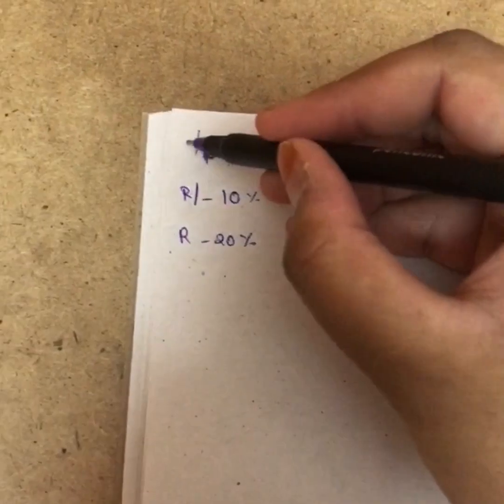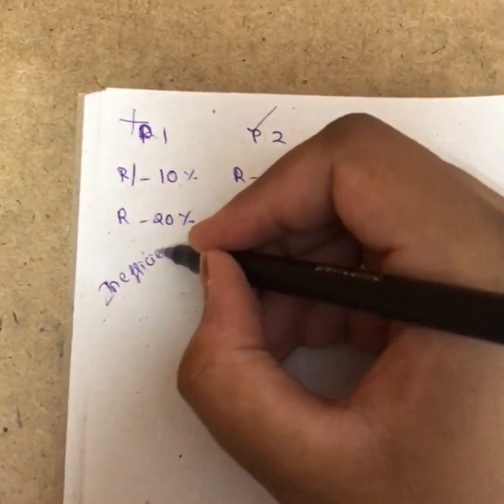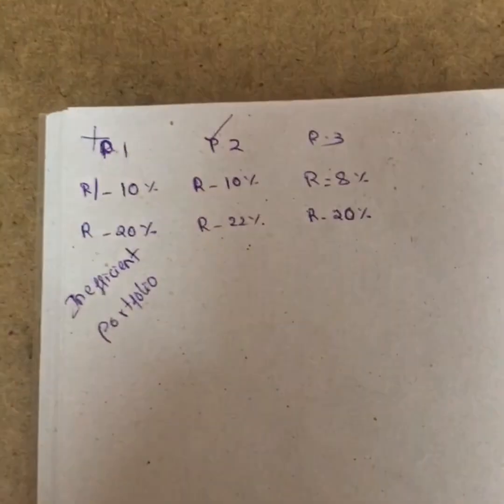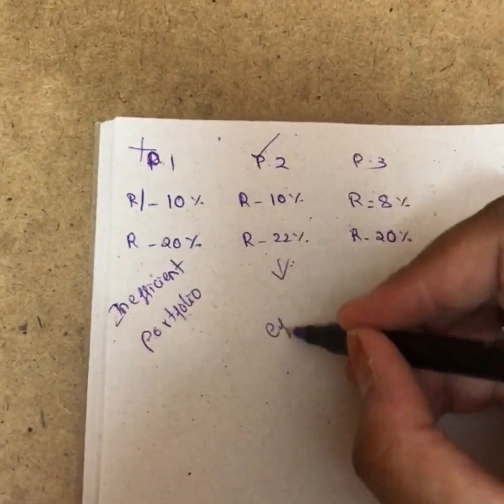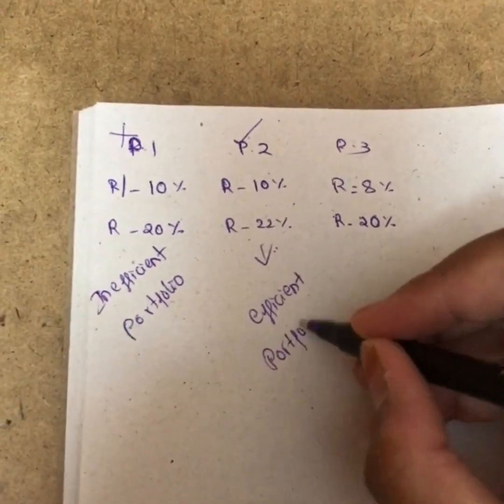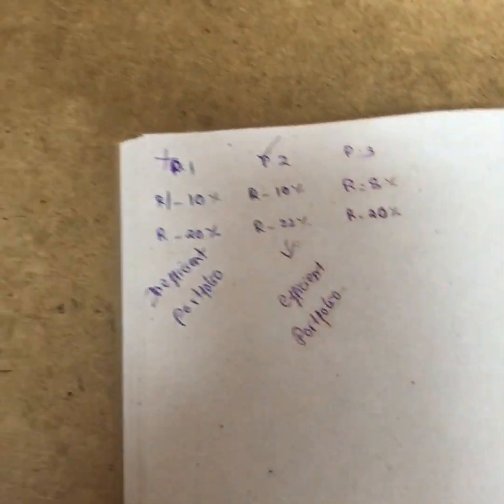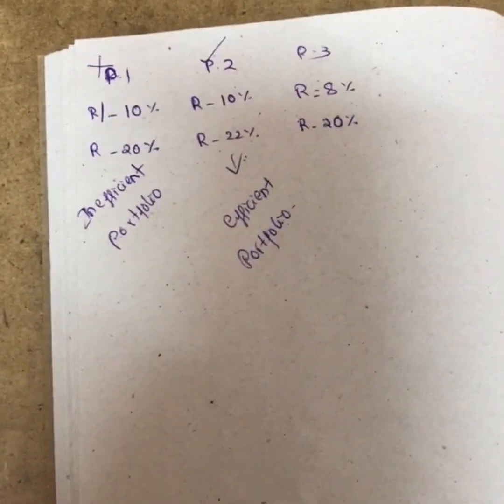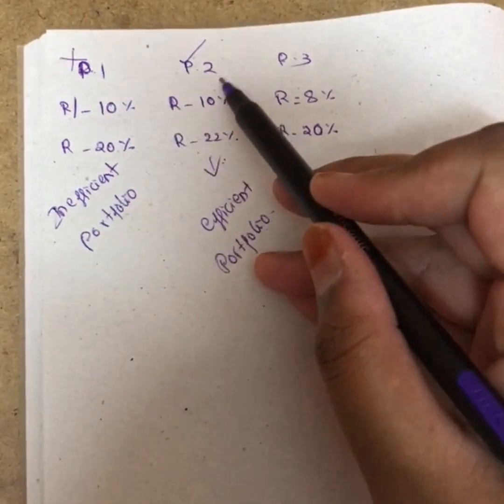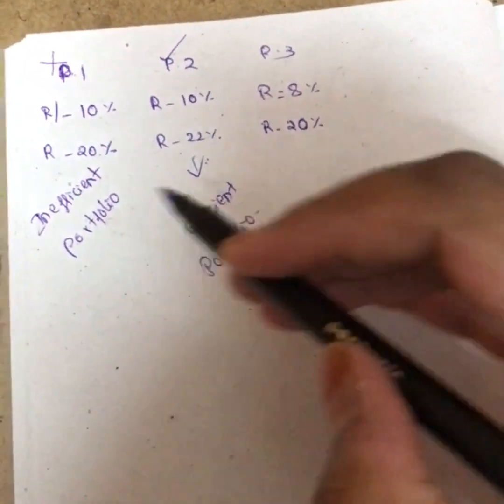So portfolio 1 we call an inefficient portfolio, and portfolio 2 we call an efficient portfolio. This is the meaning of inefficient and efficient portfolio. An inefficient portfolio is nothing but a portfolio which is dominated by another portfolio. Obviously this is dominated by portfolio 2, right? We call this an inefficient portfolio.